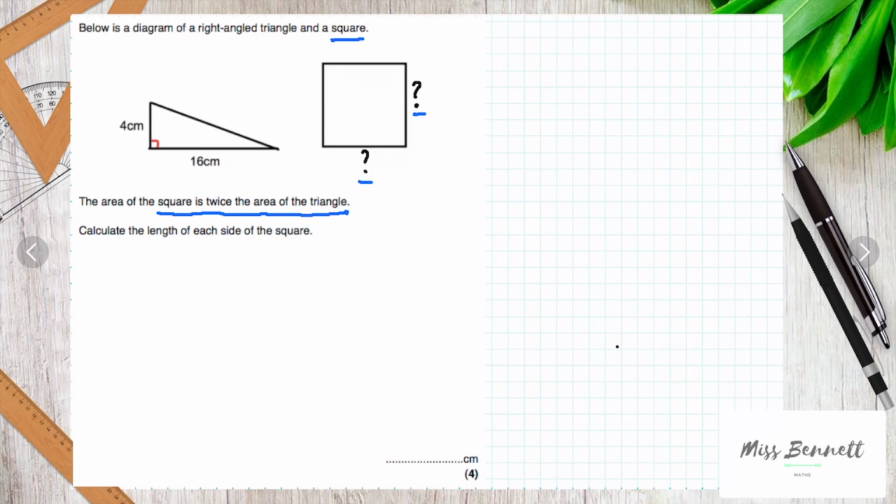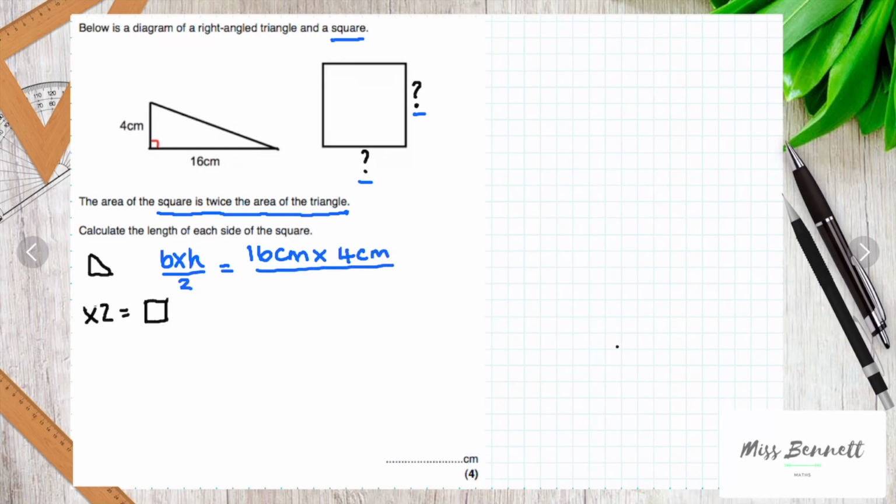So if we first of all work out the area of the triangle, then we double it. That's going to give us the square. And then from that, we can work out one of the sides of the square. So the area of the triangle is base multiplied by height divided by 2. The base of the triangle is 16. The height is 4.